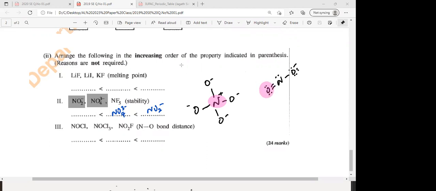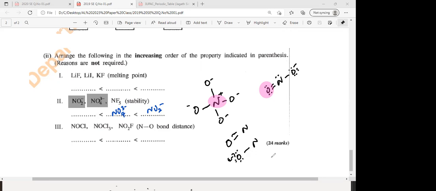Remember, the more stable arrangement is when oxygen is linked to the central atom with a double bond. That is the most stable one. The second most stable is a single bond with a minus charge on oxygen. So this nitrogen is the central atom.